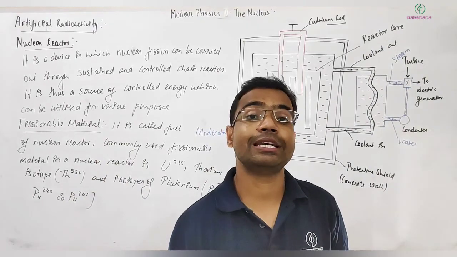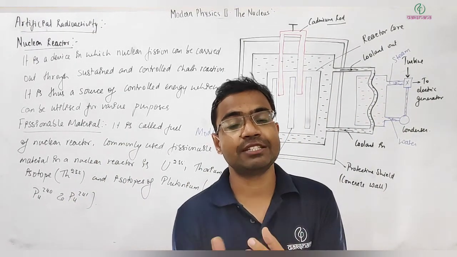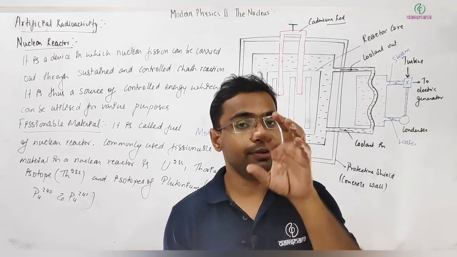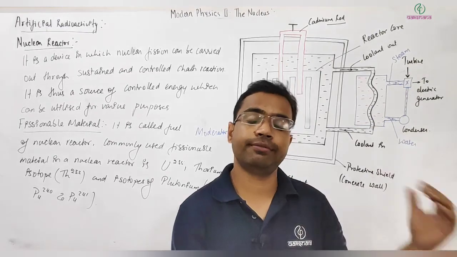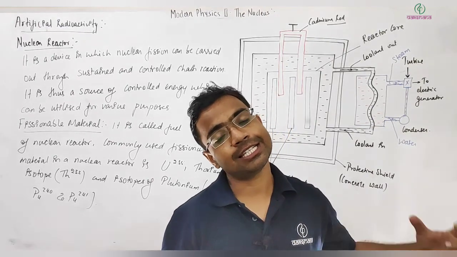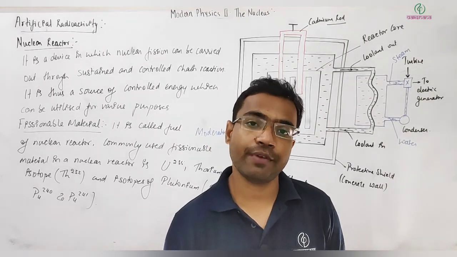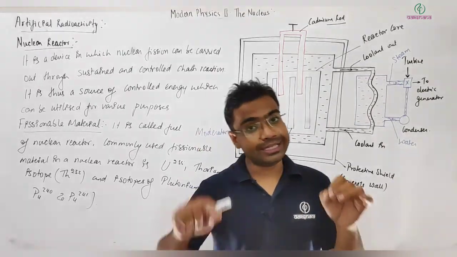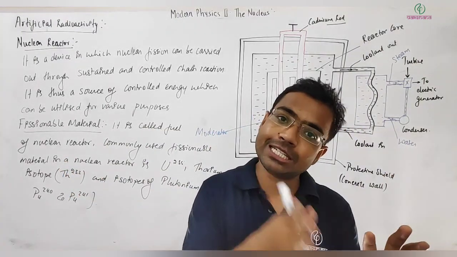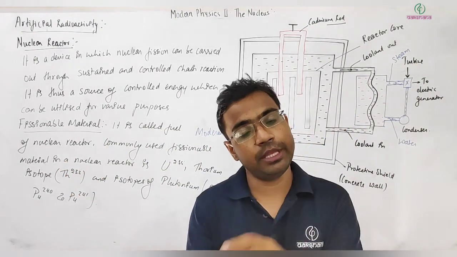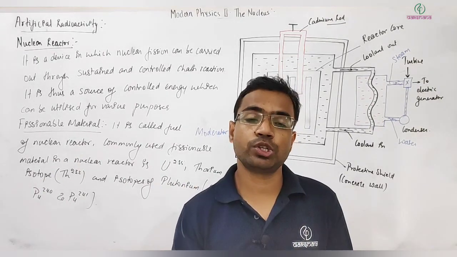Then we also saw the chain reaction, in which, if by suitable means favorable conditions are created, we utilize those fast neutrons by slowing them down for further fission, then the reaction rate can grow exponentially and produce a large amount of energy. So that was nuclear fission and a chain reaction that can be sustained from the neutrons emitted from the fission itself, so we don't have to supply further neutrons.